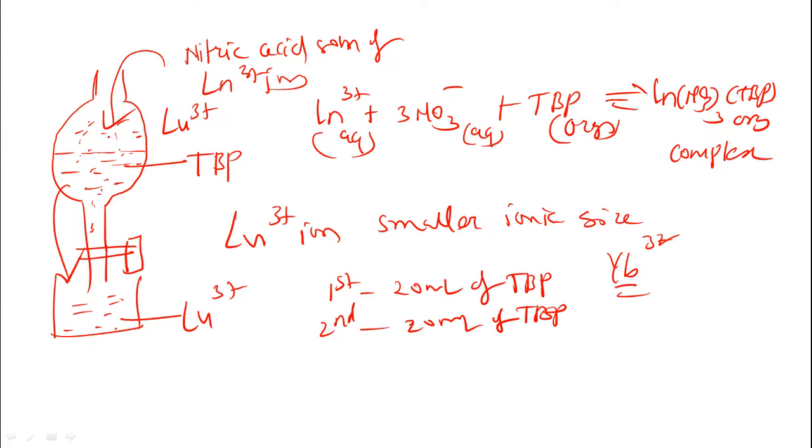In this way, one by one, all the lanthanide ions are separated. And the last fraction which is collected here belongs to the lanthanum tripositive ion. At the last, the lanthanum tripositive ion is going to form the complex, and we can collect the fraction. In this way, the individual separation of the lanthanide ions takes place here.